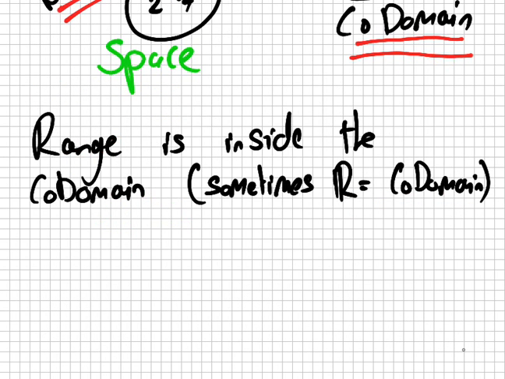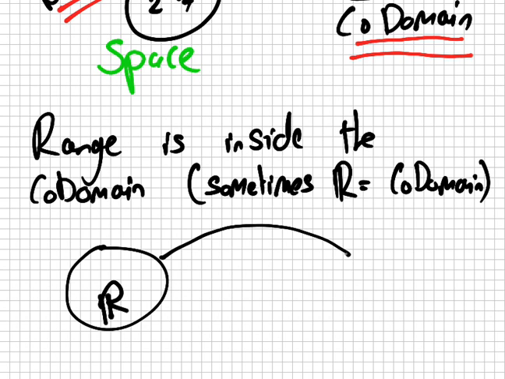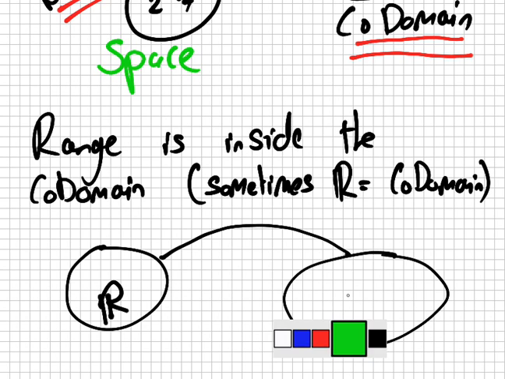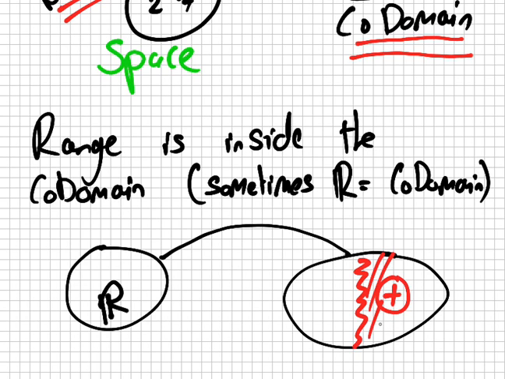With our example of the x squared function, what's the domain for x squared? All real numbers. And what's the range? Not all real numbers, just positive numbers. So on my diagram here, in red, this is actually the range.